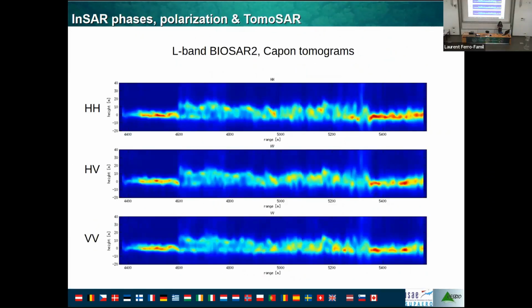Just one final two or three slides now, to explain what you can do with what we learned today. These are tomograms computed over this Swedish forest at L-band in HH, HV, VV polarization. Don't care about the polarization; we learn this Wednesday. So let's look at one. Here you have no forest, here some forest with the ground.